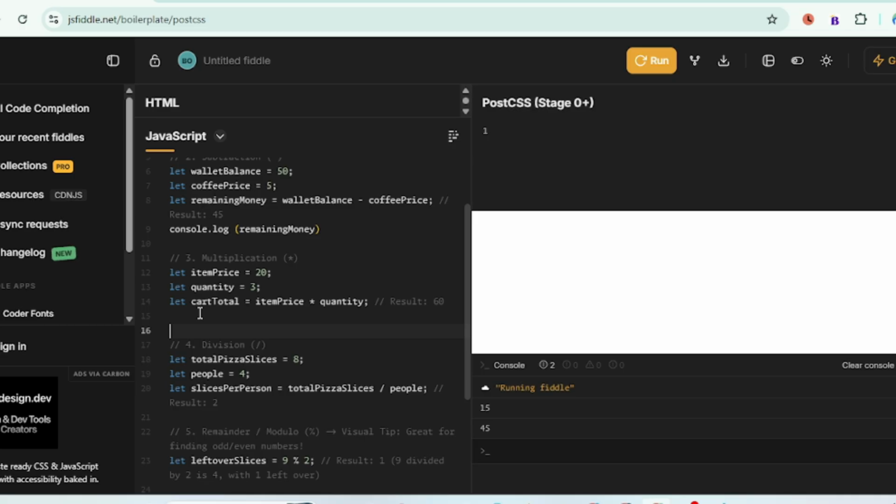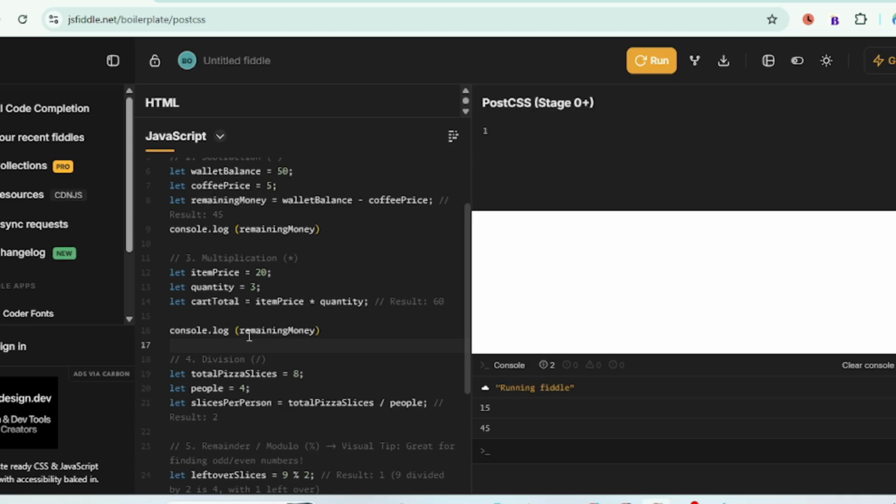So what we're going to do right now is what we basically did here. This one is carts to total. What this sign here does is times both, 20 times 3, so that should give us 60.